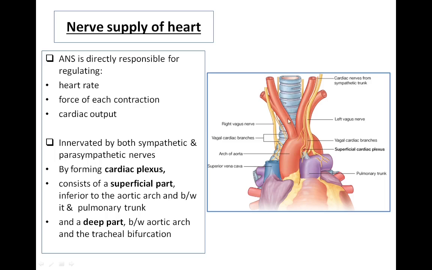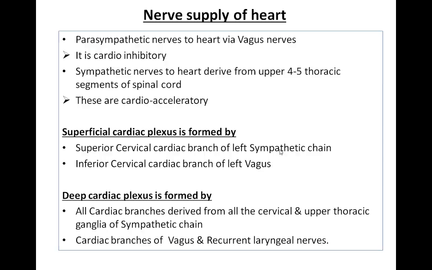This is our trachea, which is divided into two, called the tracheal bifurcation. So below the aortic arch, between pulmonary trunk and aortic arch, is the superficial cardiac plexus, and between the aortic arch and the tracheal bifurcation is the deep cardiac plexus.